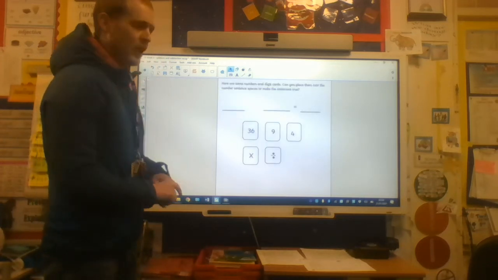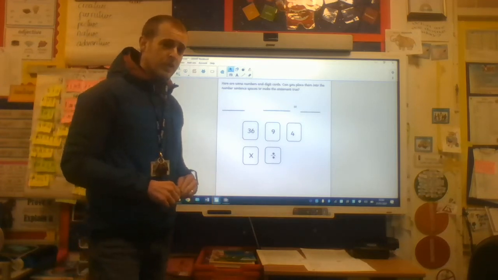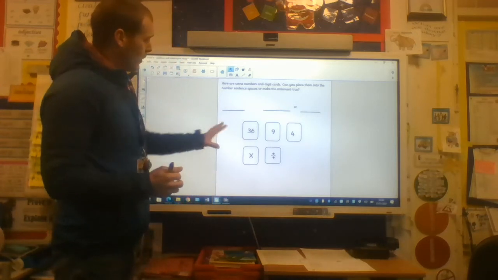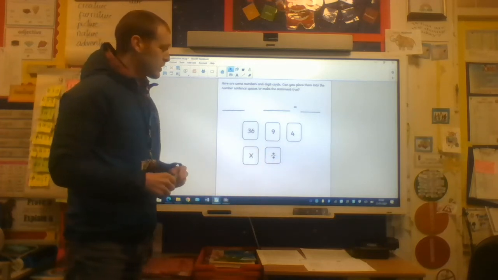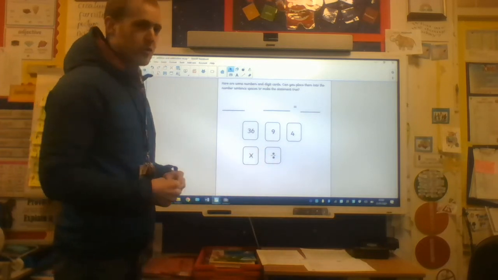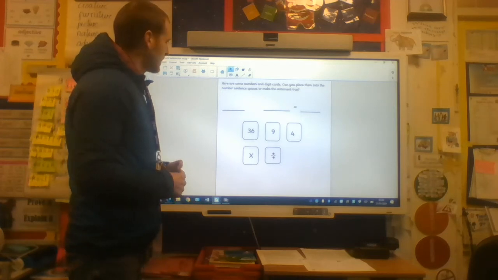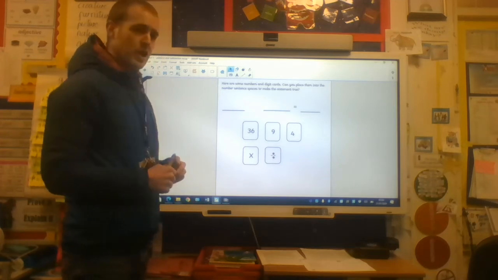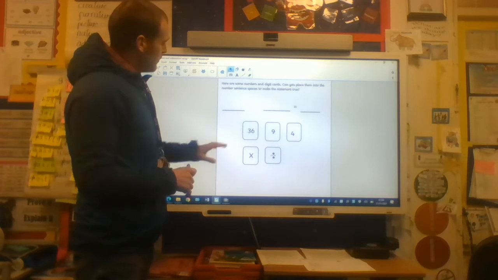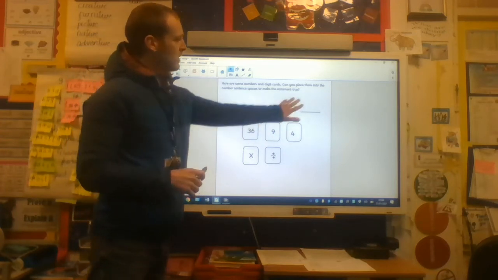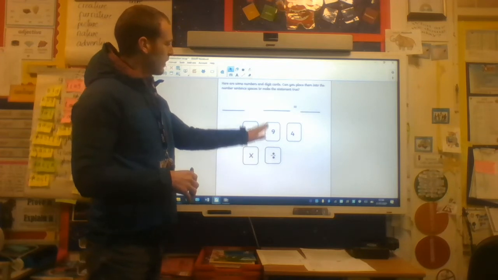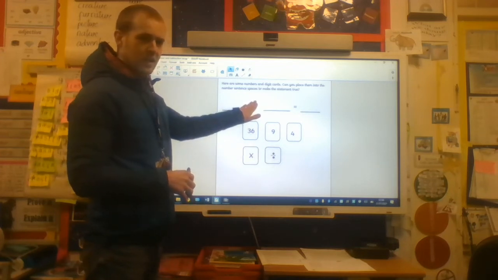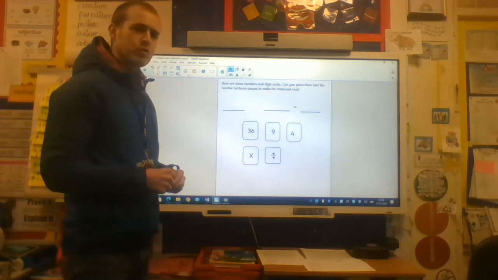Okay, here's another different example for you to do. I've got 3 digit cards and 2 maths symbols here. So what I'm going to get you to do is see if you can place the digit cards on these 3 spaces and either choose a times or a divide to go in here and see if you can make the statement true.